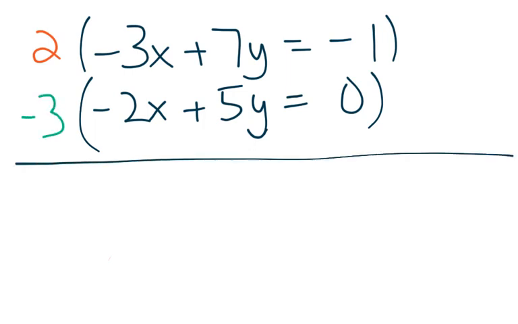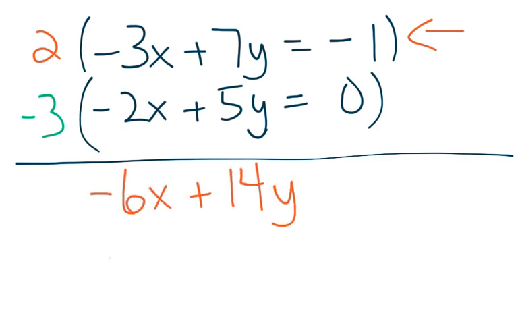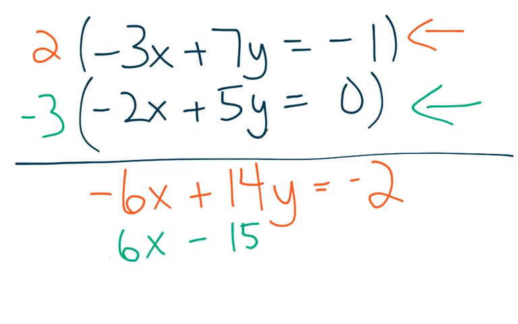And I'm going to draw a line just to break it up. So the very first equation, I'm going to multiply everything in here by +2. So this is going to become -6x plus 14y equals -2. Now I'm going to multiply everything in this equation by -3. This becomes a positive 6x, a negative 15y, and a 0.